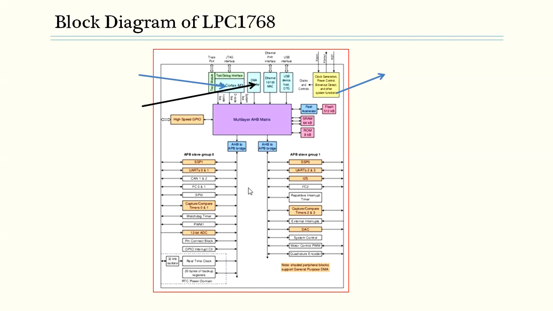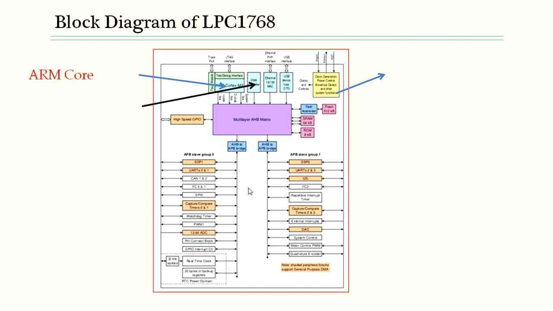This looks pretty complex, the block diagram of LPC1768, but there's a very simple way to understand it. Let's look at each of the blocks of LPC1768. The heart of LPC1768 is the ARM core. ARM does not give the silicon chip. They do not manufacture the chip.